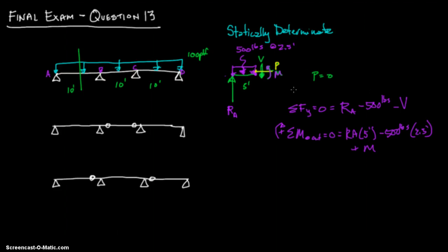So you can't solve either of these equations, even if you substituted and made RA equal to V plus 500. Let's try that. Maybe we can substitute.